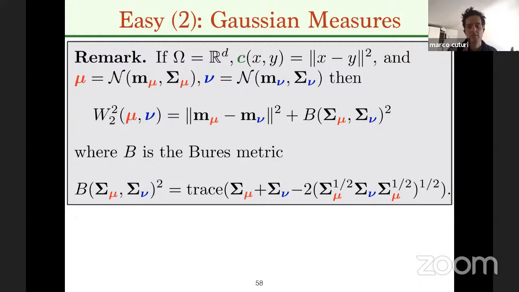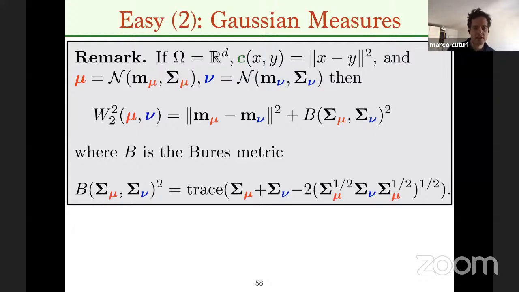So if omega here, for simplicity, is in R^d, and the cost is the squared Euclidean distance, so this is an important limitation, and you have two Gaussians, mu and nu, each of them specified by its mean and its covariance matrix. And I'm not really going to assume yet that they are invertible, so those might be degenerate Gaussians.